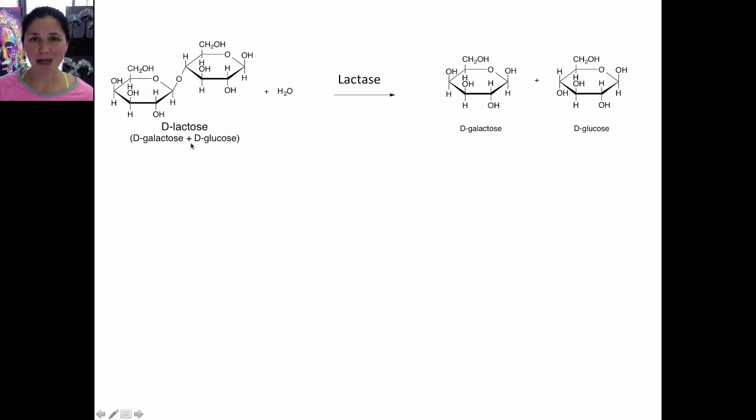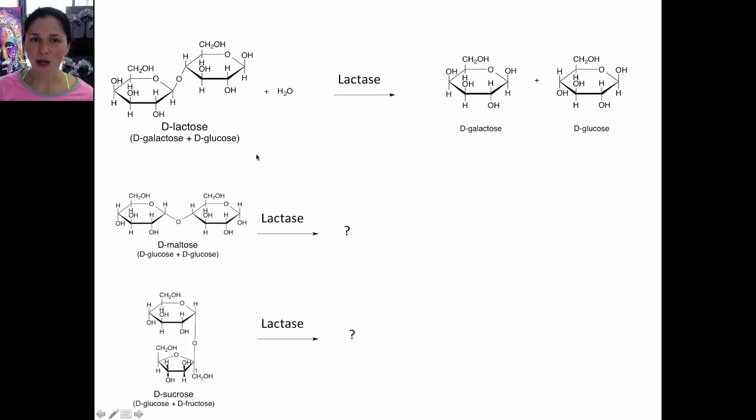We know that enzymes are pretty specific for their substrates, and in this case, lactose and water are the substrates. But we're not going to just assume this, we're going to test it. We're going to test this with lactose, maltose, and sucrose. We will try digesting each of these sugars and monitoring the amount of glucose in the solution.